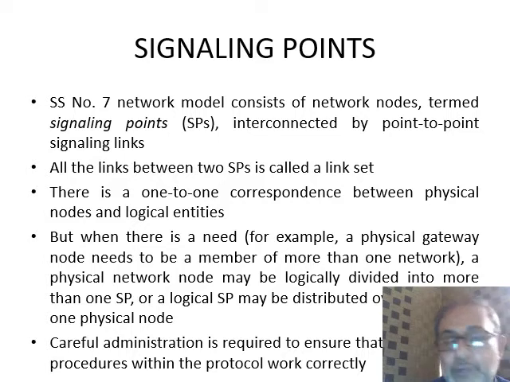There is a one-to-one correspondence between physical nodes and logical entities also. When there is a need, for example, a physical gateway node needs to be a member of more than one network, so it can be connected to more than one telephone exchange. And it may be logically divided into more than one signaling points, or a logical signaling point may be distributed to more than one physical node.